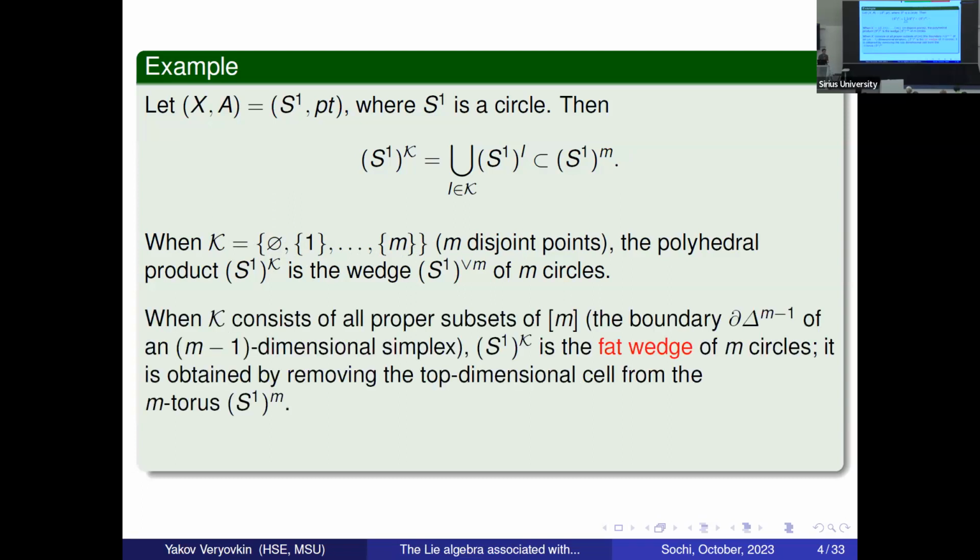When K consists of all proper subsets of M, S^1 K is the fat wedge of m circles, and it is obtained by removing the top dimensional cell from the m-torus. Next, for a general K on m vertices, we have that the wedge is a subset of S^1 K and a subset of the m-torus.